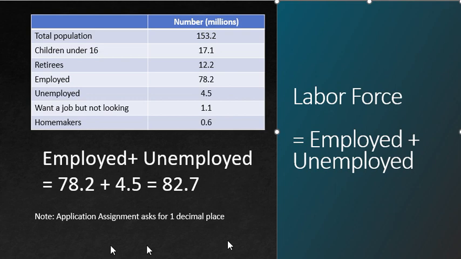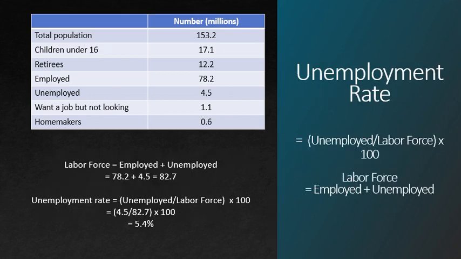So the next thing that we want to look at is the unemployment rate. So the unemployment rate is going to be the unemployed divided by the labor force, and then we're going to multiply that by 100 to make it a percentage. Okay, so we've already calculated the labor force in the last slide. So the labor force was the employed plus the unemployed, so 78.2 plus 4.5 is 82.7.